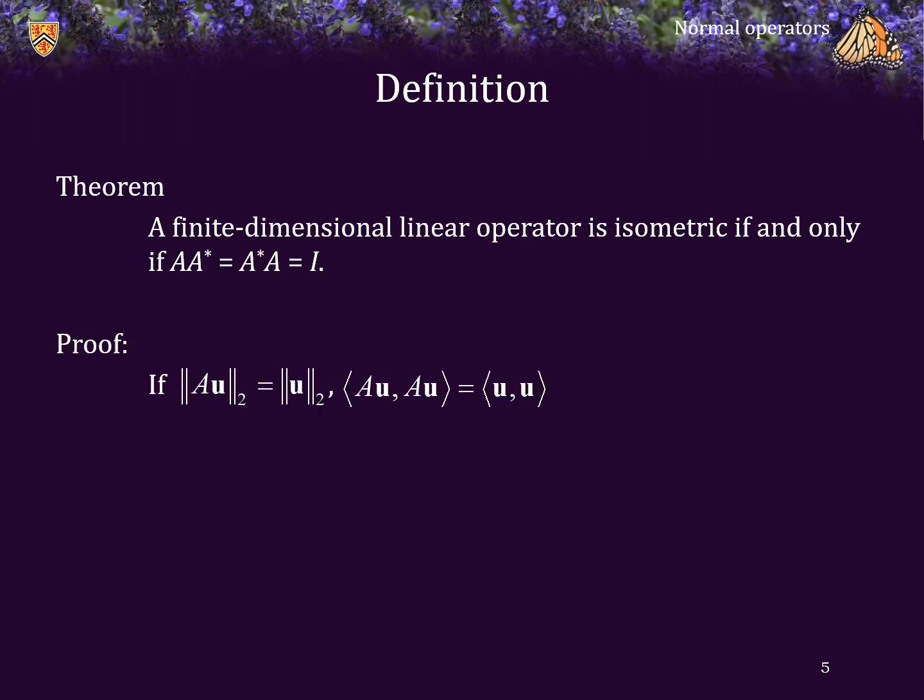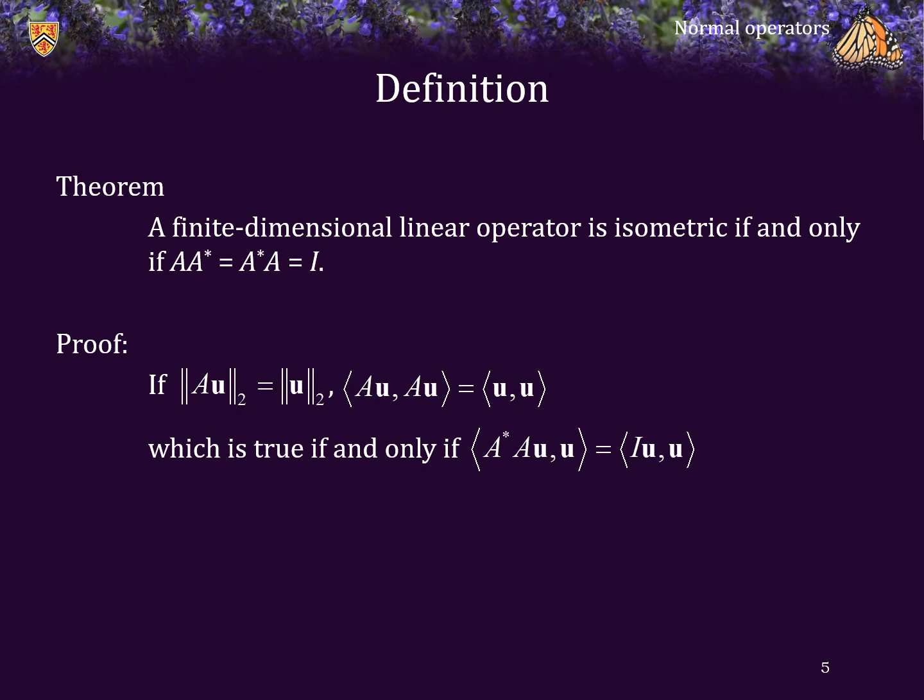Proof. Well, if the 2 norm of A applied to u is equal to the 2 norm of u, we can square both sides. Therefore, the inner product of A applied to u and itself is equal to the inner product of u and itself.